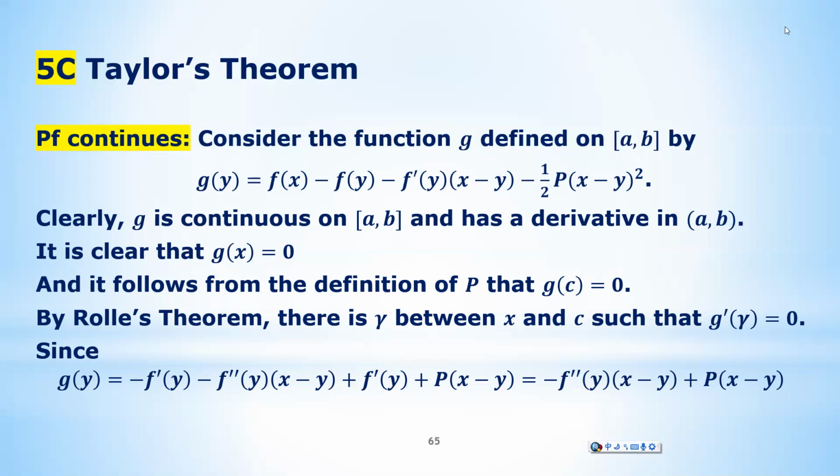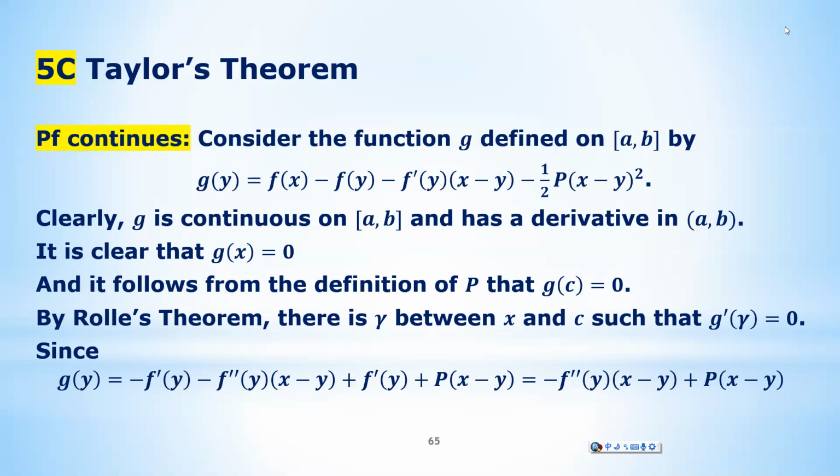Now in this expression, there are two places involving f prime(y) with opposite signs, so these two terms cancel. The resulting term is minus f double prime(y) times (x minus y) plus p times (x minus y).